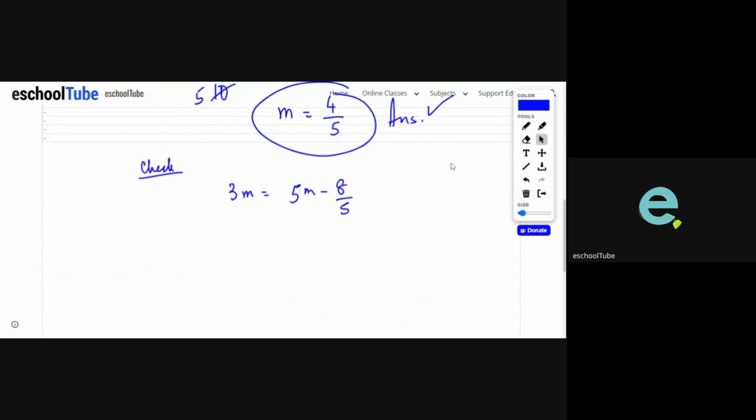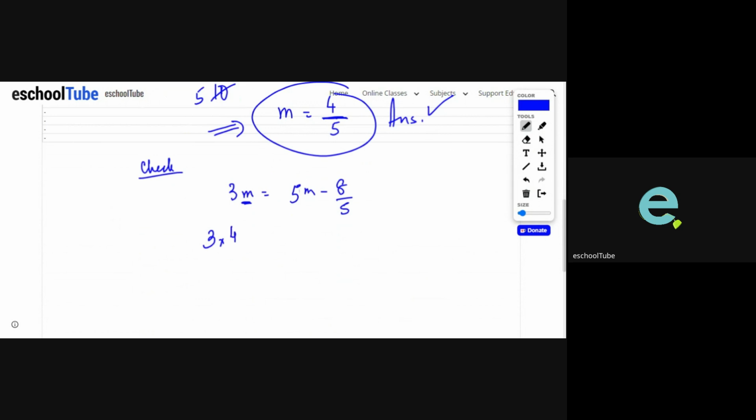Now how do you check? You put this value, जो आपने वैल्यू निकाला है, उसको आप इस इक्वेशन में सब्स्टिट्यूट करो. So m के बदले you put the value 4/5. So left hand side will become 3 multiplied by, now m you have found 4/5.